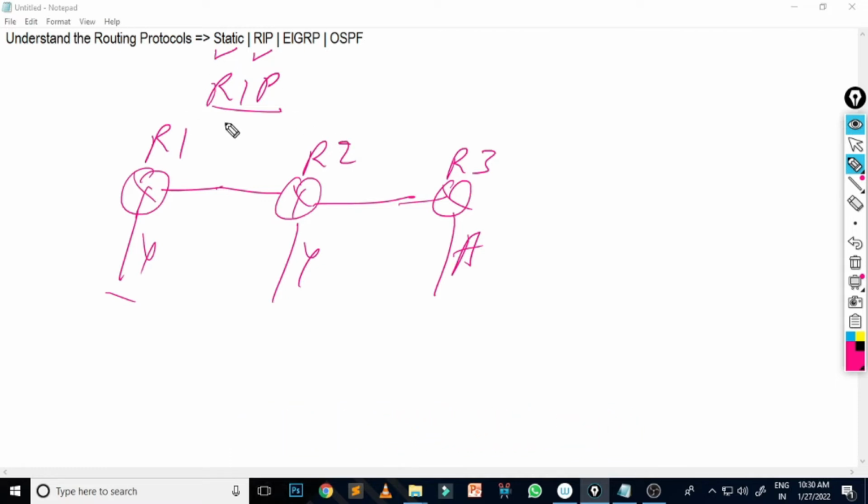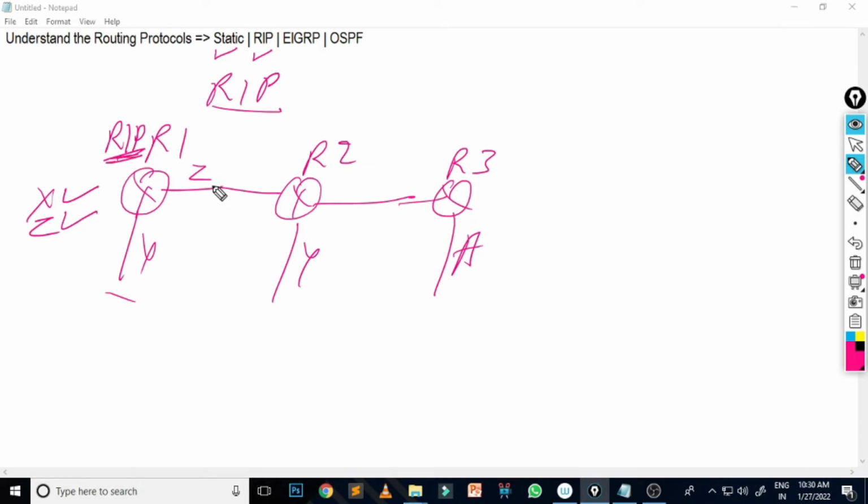So when you configure RIP on router number 1, you just have to configure the X network and, for example, the Z network. You have to configure only the two networks which are directly connected to router number 1. Once you configure the X and Z networks into the advertisement, it will automatically advertise that data to the other routers. But there are some disadvantages of RIP configuration.